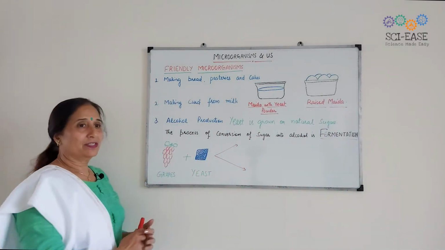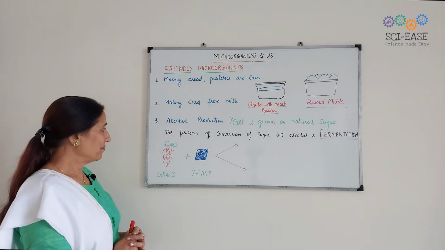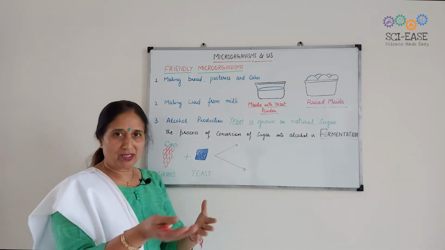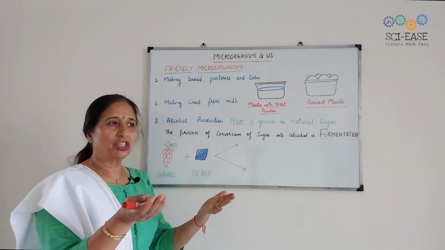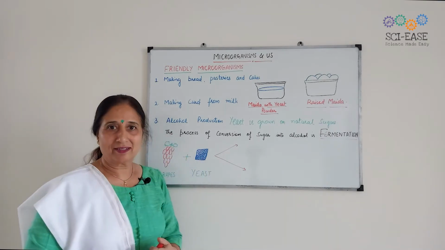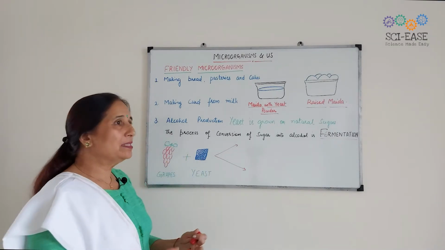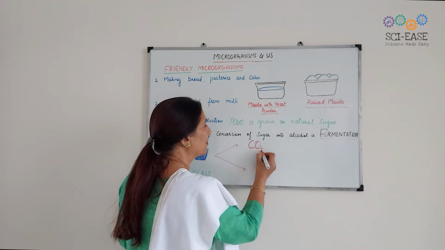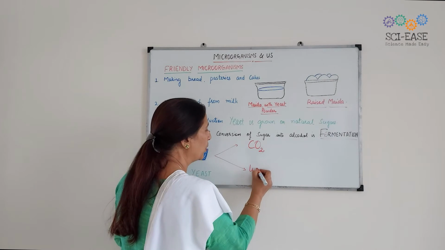Here I have drawn this diagram. Here I have taken grapes, purplish grapes you can take, and put yeast to it. And what will be the result? The result will be the formation of carbon dioxide plus wine.